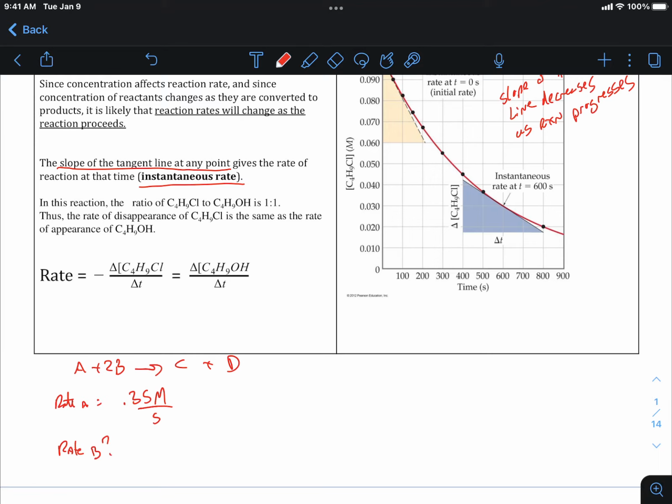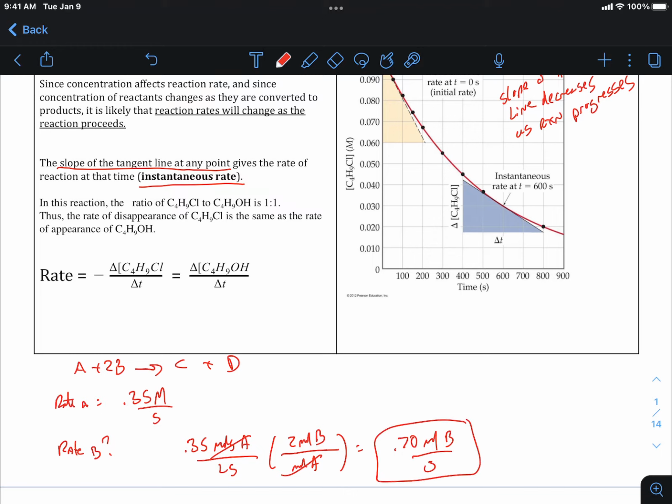Well, you would just take the 0.35 moles of A per liter second, and you just apply stoichiometry: there's 2 moles of B being used for every 1 mole of A being consumed, right? So the rate would be 0.70 moles of B per second. That's all, just stoichiometry, okay?